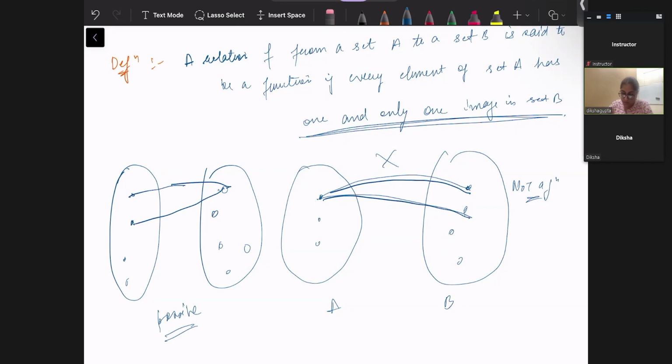So what is not possible, please try to understand this, is that one element cannot have two images, then it is not a function. But two elements can go to the same image. That is a possibility. It does not deny the definition of function. Okay. So how do I remember? I'll recall that one bullet cannot go to 2 points, but bullets can go to 1 point. This is just how you can remember the definition of function.